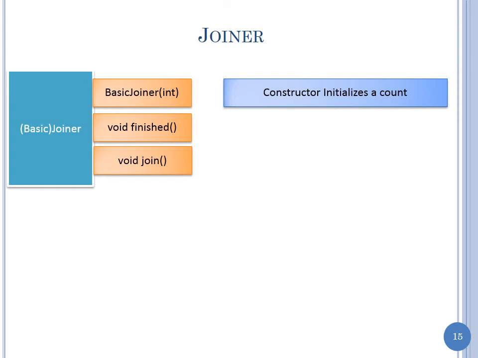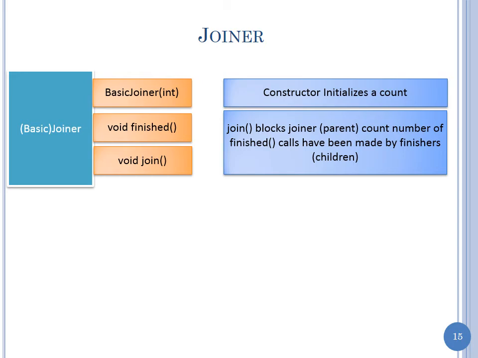If n is the count, joiner waits for how many finishes? So join blocks the joiner, let's call it the parent thread, until count number of finished calls have been made by the children, or basically the finishers. Join is called by some thread which blocks. Finish is called by multiple threads, and until n finishes have been called, join blocks.